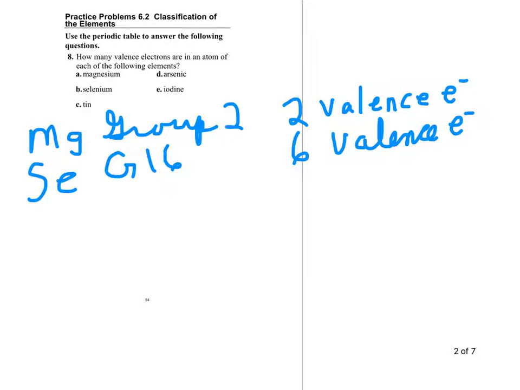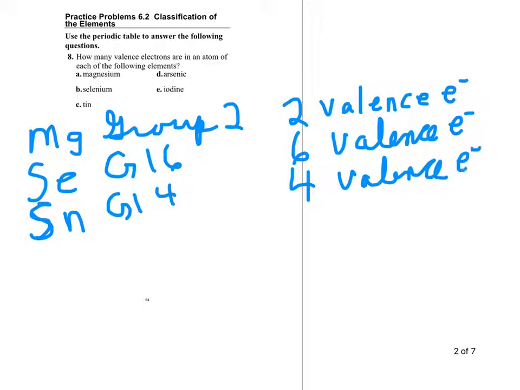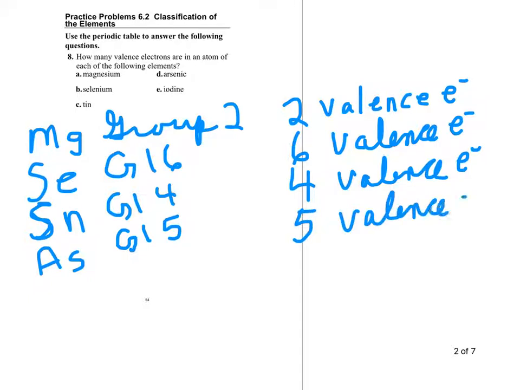And we've got tin, symbol Sn, group 14 with 4 valence electrons. Arsenic, As, group 15, anything in there has 5 valence electrons.